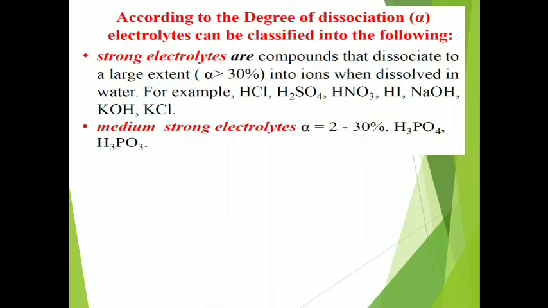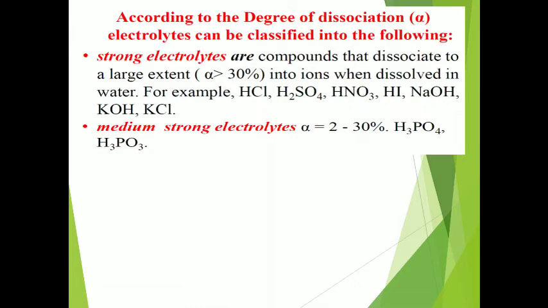If it dissociates fully, then the number of molecules dissociated and the number of molecules added are the same. That means it becomes 1 for a strong electrolyte. But if it is a weak electrolyte, then it doesn't dissociate fully. Suppose you add 10, then less than 10 molecules can be dissociated for weak electrolytes. I am adding some simulation after this, so just go through that, you can get a proper idea.